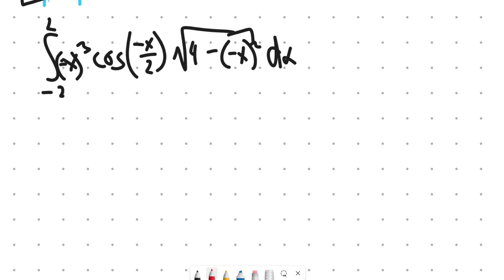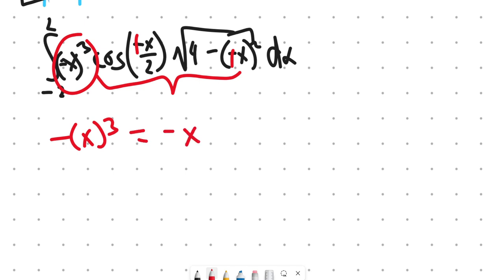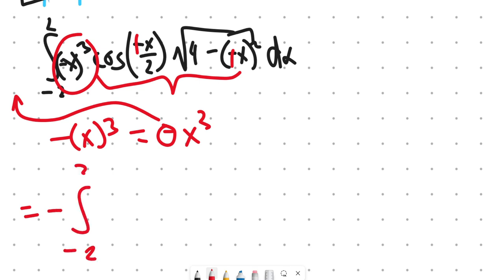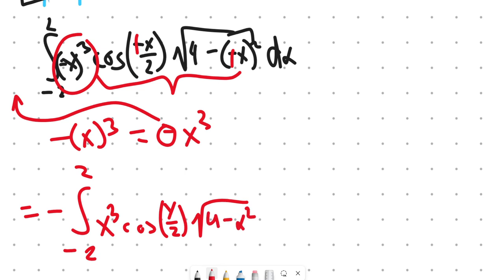The cosine of -x is the same thing as cosine of x, so this will be positive. The -x in the parentheses squared is positive, so these do not change, except -x to the third power, which becomes negative x cubed. Since this is true, we can take the negative and put it outside the integral, and we would have the negative of the integral from -2 to 2 of x cubed cosine(x/2) times the radical of 4 minus x squared dx.